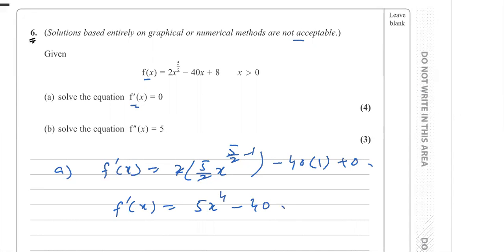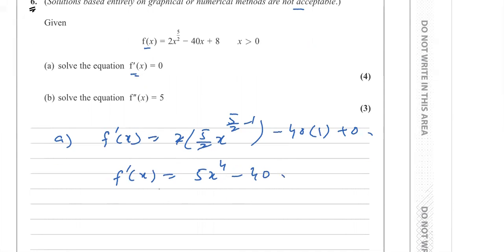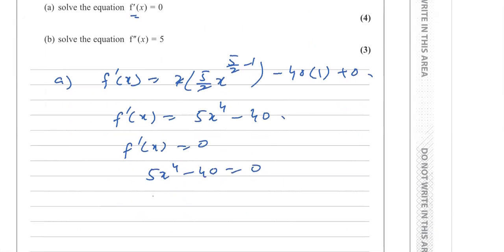So now I have to put f dash x equal to 0. If f dash x equals 0, then 5x to the power 4 minus 40 will be equal to 0. And from here I get 5x to the power 4 equals 40. So x to the power 4 will be 40 over 5, which is 8.